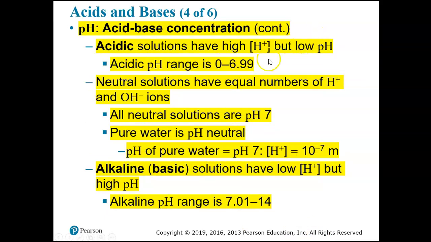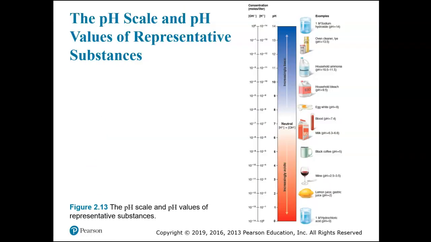Acid is less than 7, neutral is equal to 7, and distilled water is neutral, so the pH of pure distilled water should be 7. Alkaline is just another term for basic, and those pHs are going to be higher than 7, and the concentration of hydrogen ions would be low.